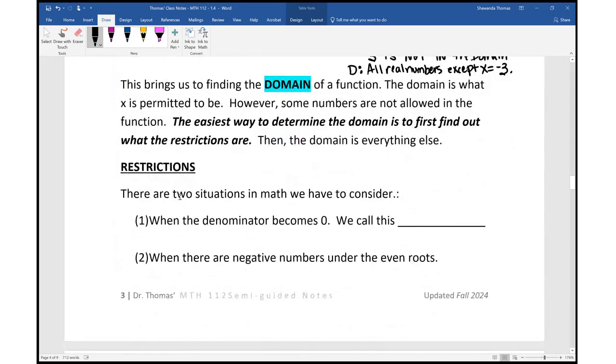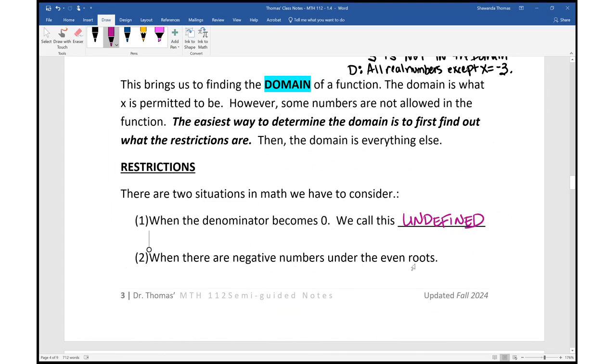So, what are the restrictions that you have to be concerned about when finding the domain of a function? First, when the denominator is 0, we have an undefined situation. So we need to figure out what x value or input value will cause an undefined situation.